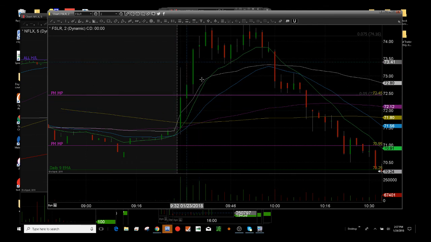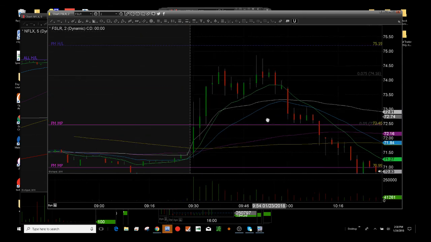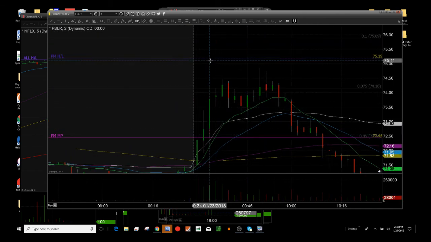It's higher high, and 9 EMA is going up. It's above all the moving averages. We got a clear space up to the top here. So my stop is pretty tight, below 72.50, and my target is 75.19.